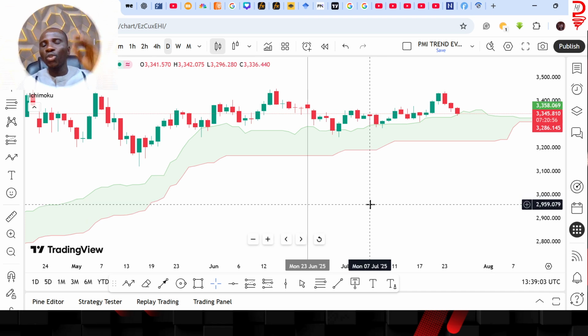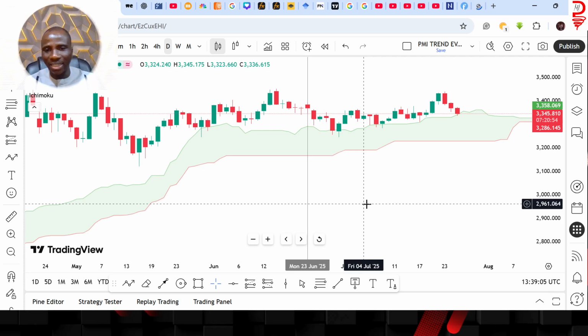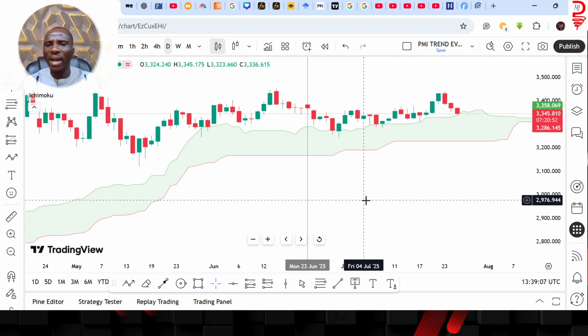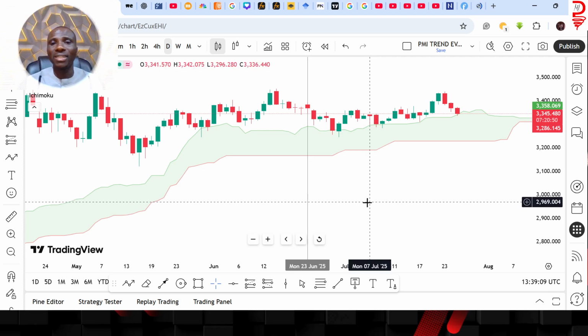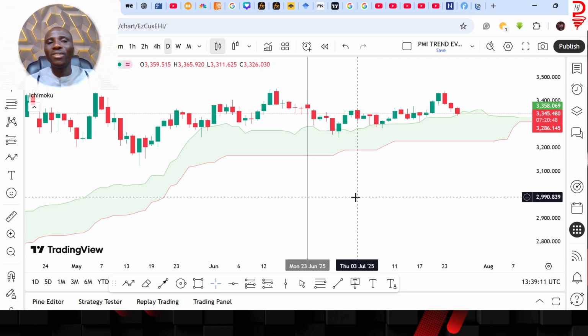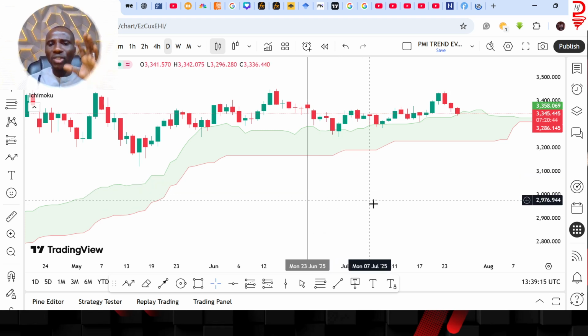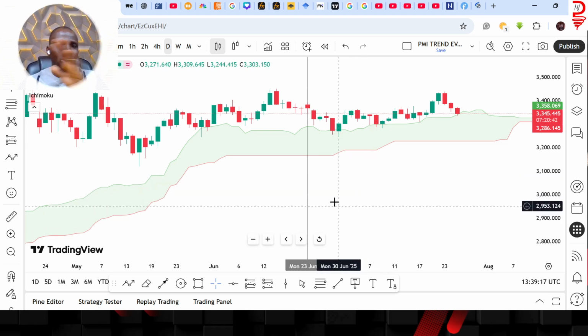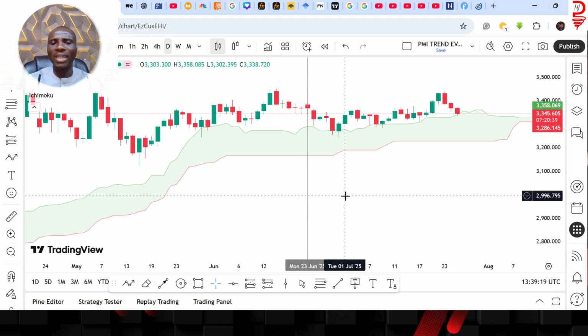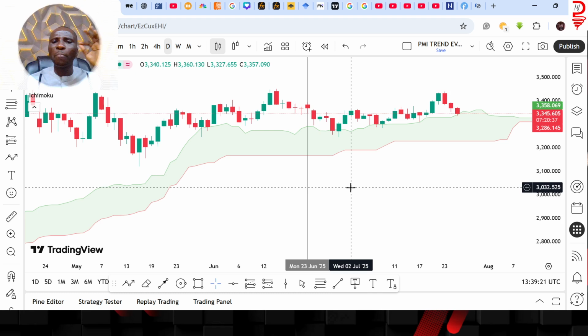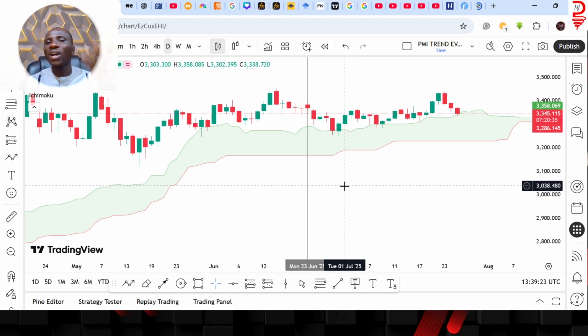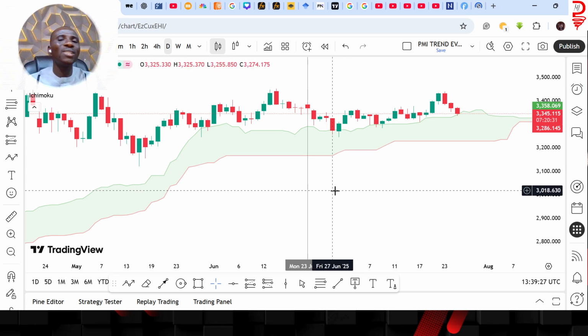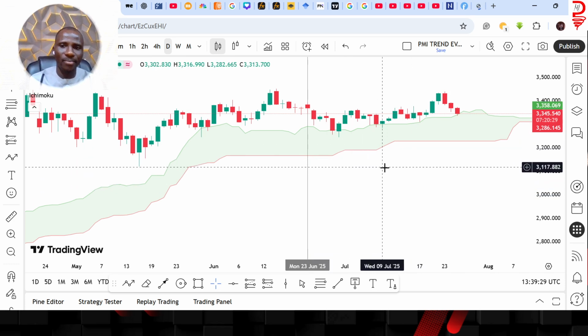Anytime the market structure is a buy on the daily, you will only be looking for buy. Even if you are trading on a 1 minute, suppose you are a scalper, ensure that you analyze the market structure on the daily and confirm that the daily is on a buy. That is when you will be looking for a buy.